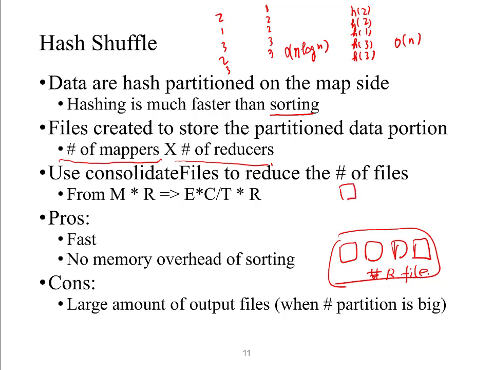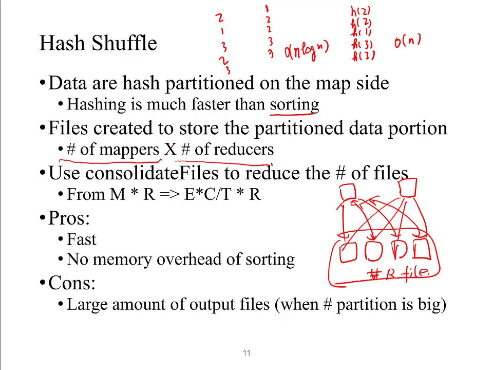And each time a mapper will take these files, write in these files, and send them back. And the next mapper will do the same thing for each of the files here.